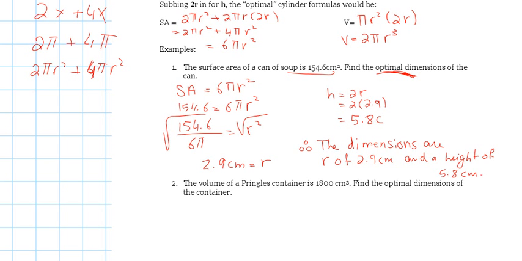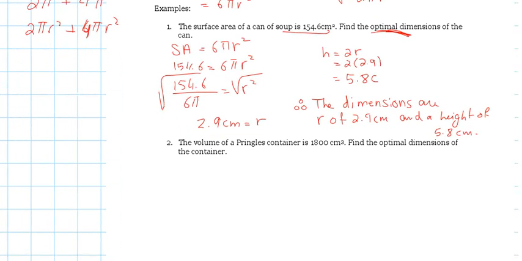So, how about for the last example? The volume of a Pringles container is 1800 centimeter cube. Find the optimal dimension of the container. What formula do I start with? That's right, because I'm given the volume.